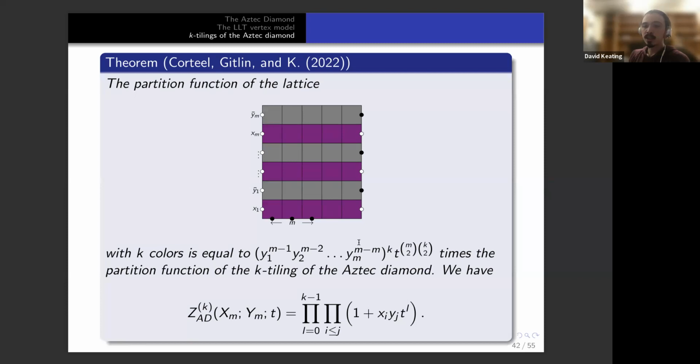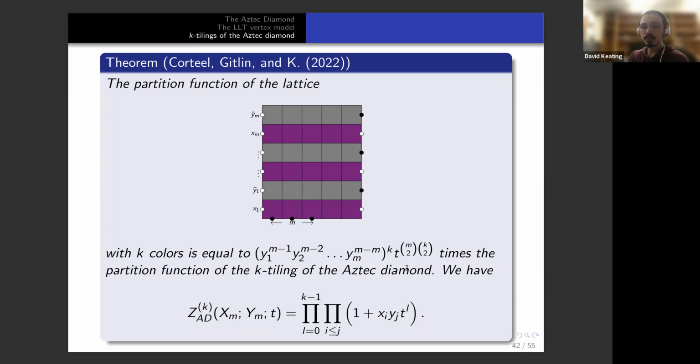And what you'll get is some overall factor times the partition function of the Aztec diamond, which is given by this. So it's a nice generalization of the one color formula, right? If there was only one color, then we'd only have L equals 0, and we just get the product of 1 plus xi yj. But now we also take a product over the number of colors and have an extra t to the L.